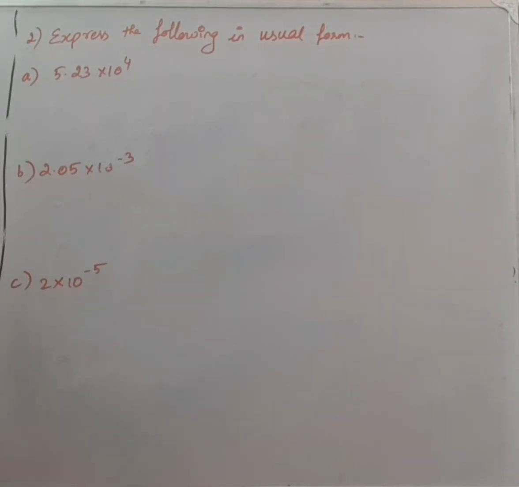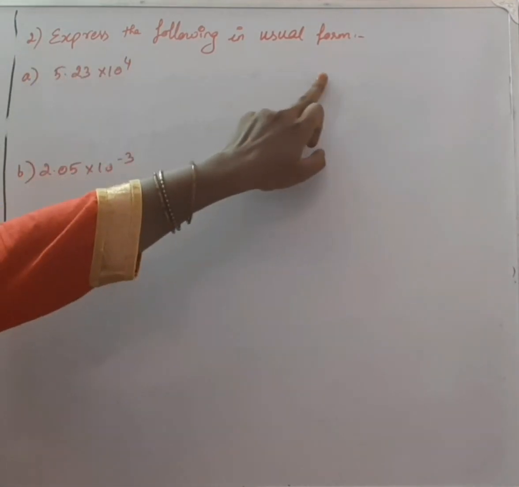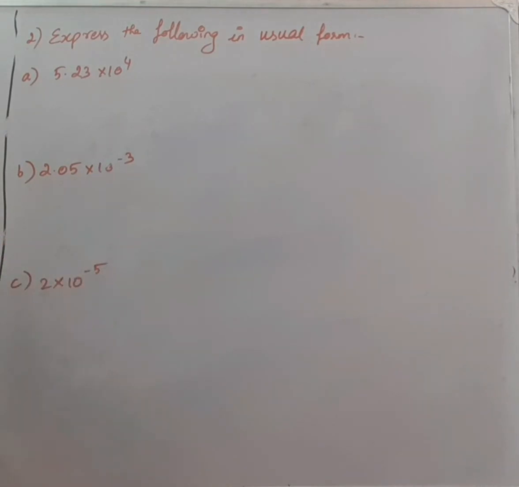Okay. Here the second sum is express the following in usual form. The last sum we saw was standard form. Now see, they have given a standard form. We want to convert that into a usual form.